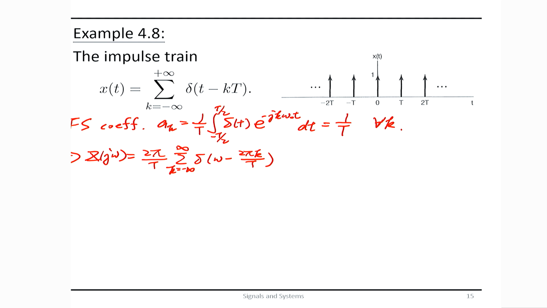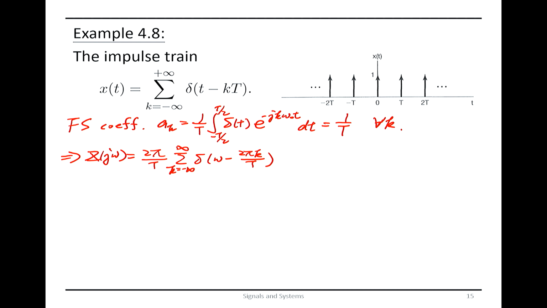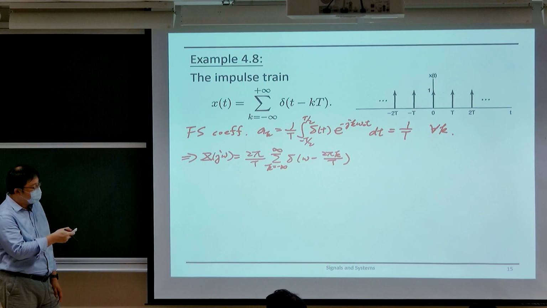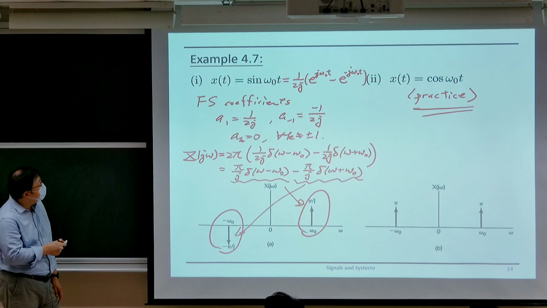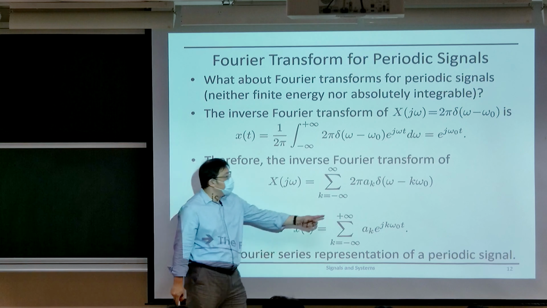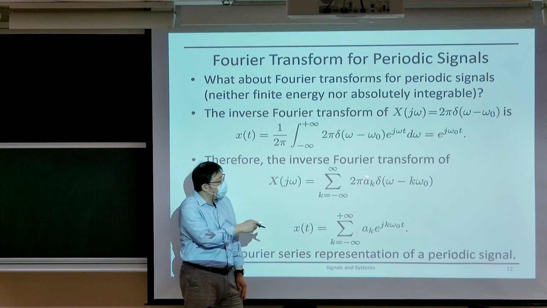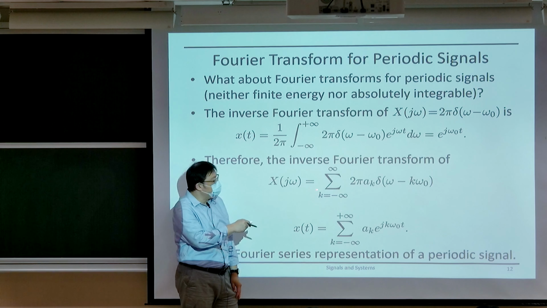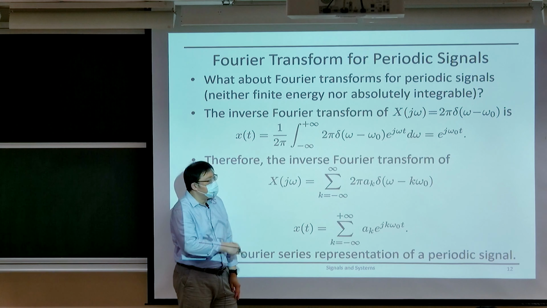So ak is a constant 1 over T for all k, so you just plug this inside the formula here. This is 1 over T, so you have 2 pi over capital T that is brought outside. So you just have a summation of delta omega minus k omega naught, and omega naught is 2 pi over capital T.